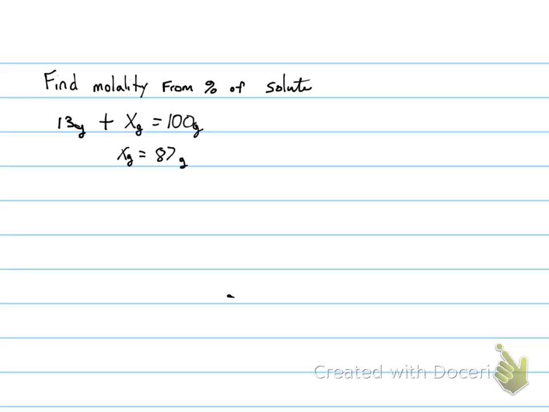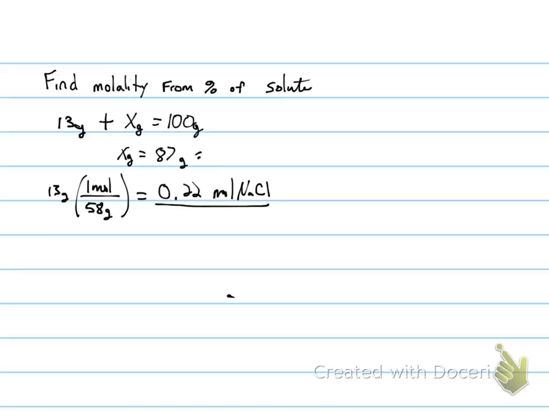Now I'm looking for molality, so I'm looking for moles of the solute. So I'm going to convert 13 grams into moles using the molar mass of NaCl. That's going to give me 0.22 moles of NaCl. Now that's going to be divided by the kilograms of my solvent.